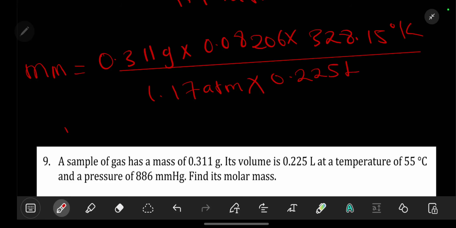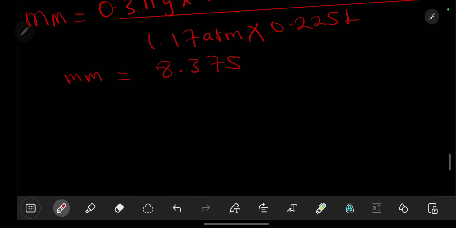So our molar mass should be equal to 0.311 times 0.08206 times 328.15, which is equivalent to 8.375.